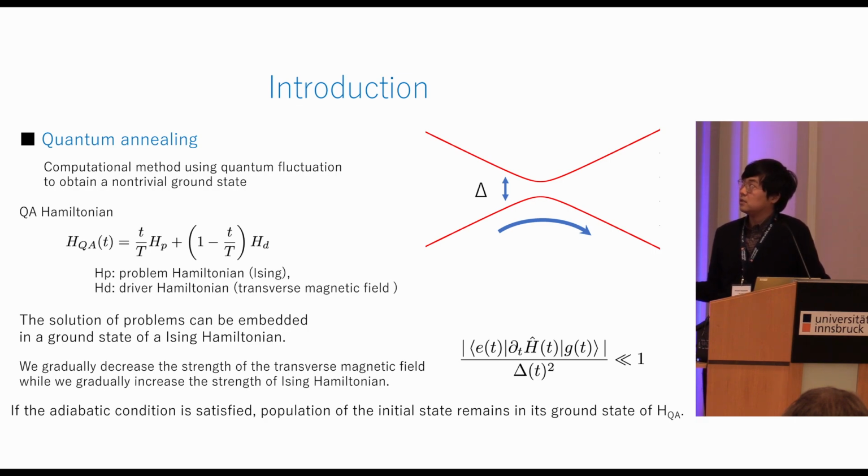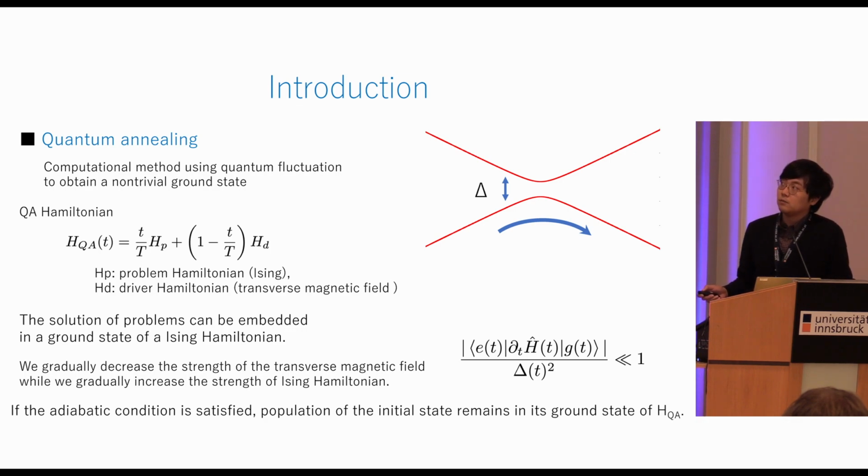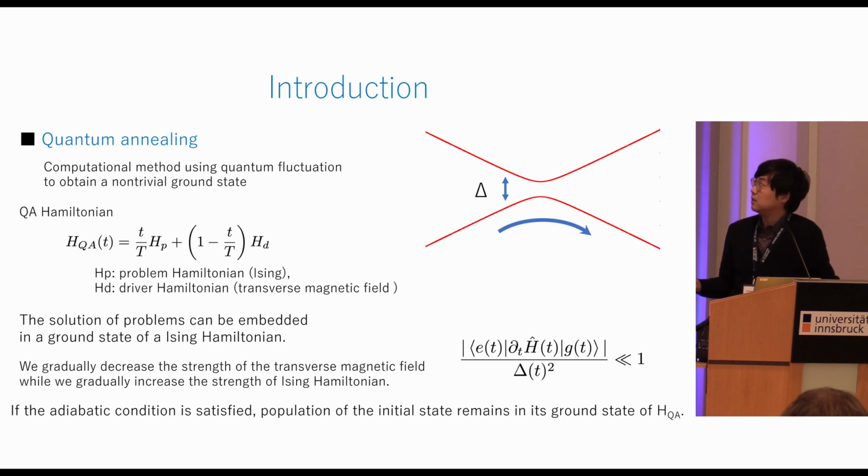To obtain this non-trivial ground state, we gradually decrease the strength of the transverse magnetic field, while we gradually increase the strength of the Ising Hamiltonian. If the adiabatic condition is satisfied, the population of the initial state remains in the ground state of the quantum annealing Hamiltonian.